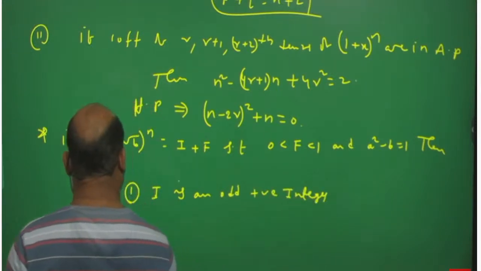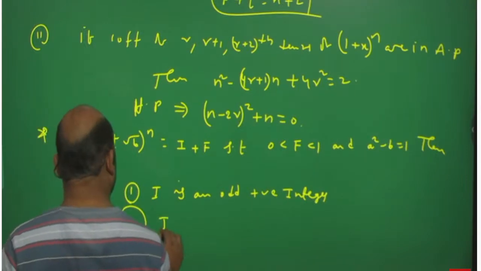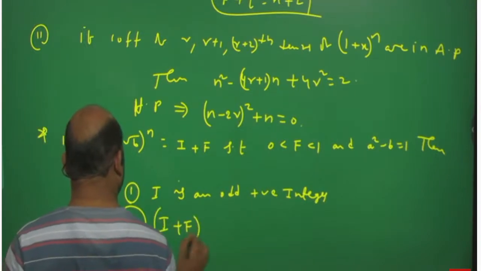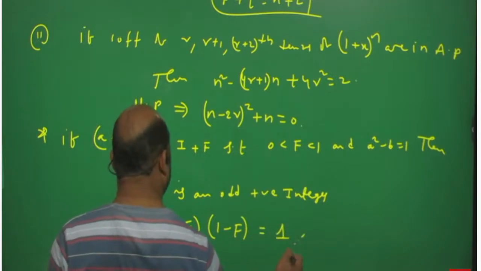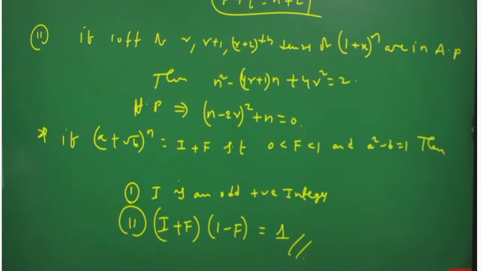Point number 2 is (I plus f) into (1 minus f) is always 1. Beautiful question. This is actually a board exam question, but they will directly ask this in objective. Right, my dear? So with this, I can close binomial theorem and we can see the remaining in the next class.